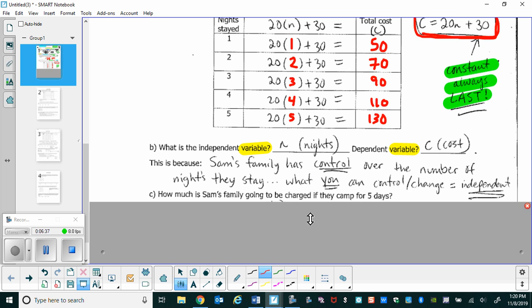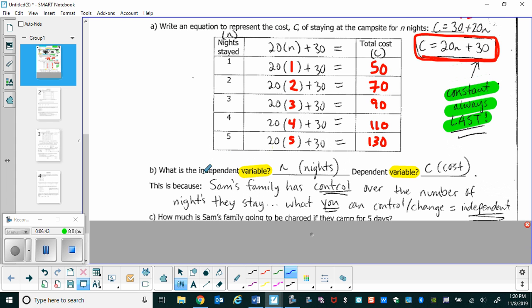Now in the next part of the video, we're just going to kind of review independent versus dependent variables. Independent is what you have control over, and independents are always represented right here. These inputs are all values that represent the thing that you have control over. So the variable that represents the thing that we have control over would be the variable n.